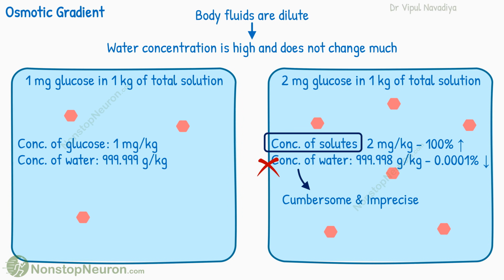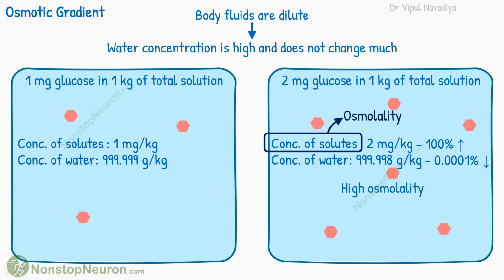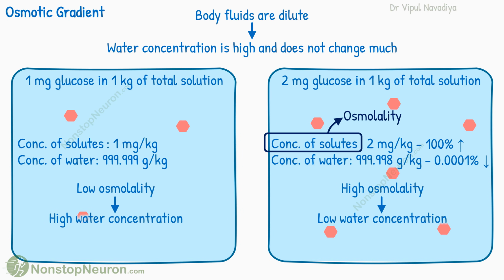Instead of calculating water concentration, we calculate the inverse of it, that is osmolarity. Osmolarity is basically the combined concentration of all solutes in the solution. As it's the inverse of water concentration, we automatically know that high osmolarity means less water concentration, and low osmolarity means high water concentration.